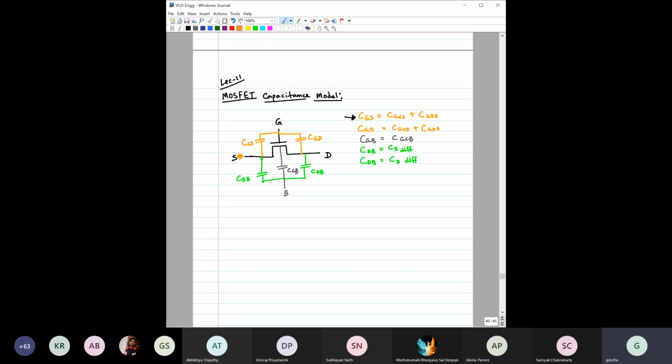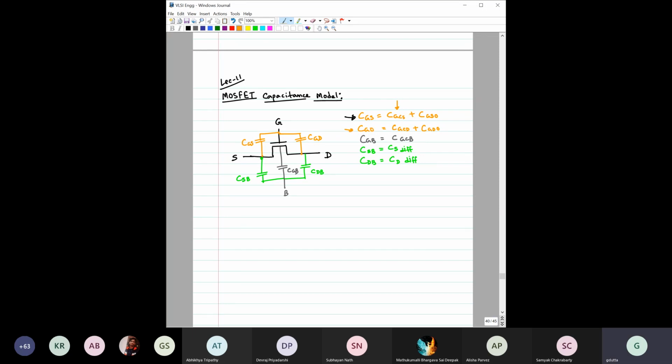There cannot be any other capacitances between the gate and source terminal, so I hope you agree that the gate to source capacitance would be represented like this. And we individually know the values for the different regions of operation for each of these. The CGSO overlap capacitance is independent of the biasing condition, but the CGCS is dependent on the biasing condition.